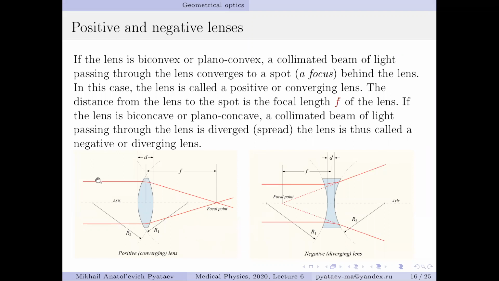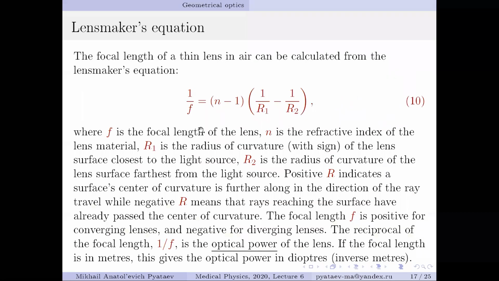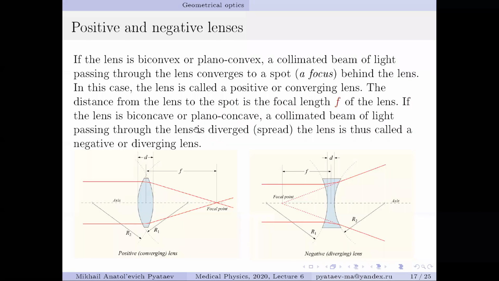If we analyze Snell's law for the light beam on spherical surfaces, and if we use the small angle approximation, we can get this equation for focal length. The focal point is a point where the light beams cross after passing through the lens.